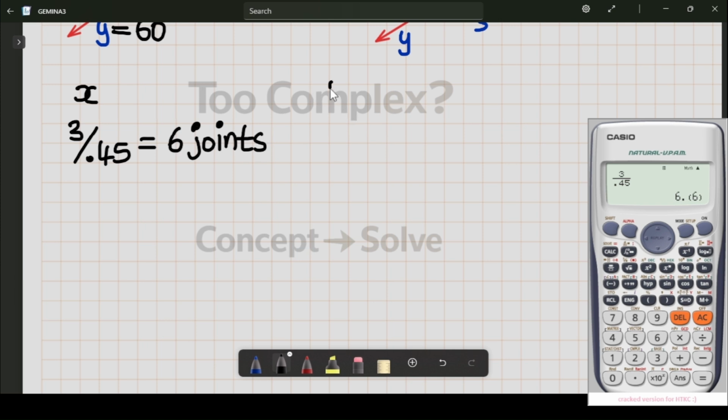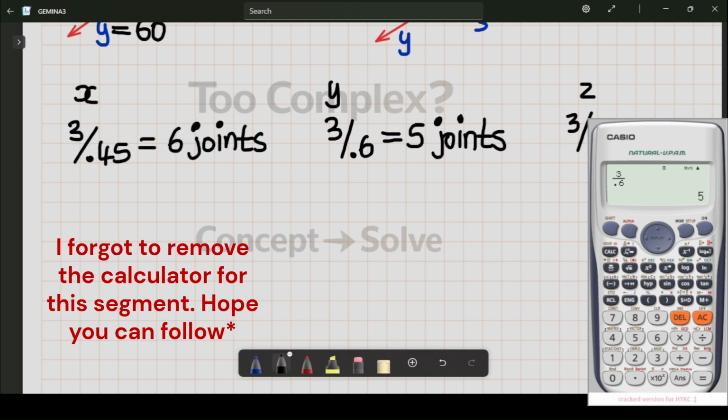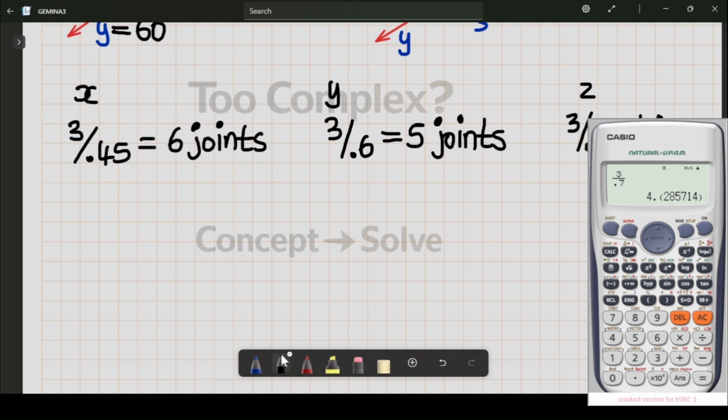Okay, and we go to Y, so 3 divided by 0.6 gives us 5. Then we go to Z, 3 divided by 0.7 gives us about 4 joints.